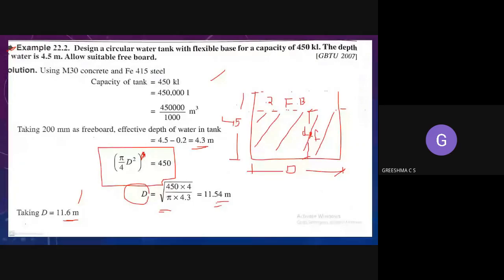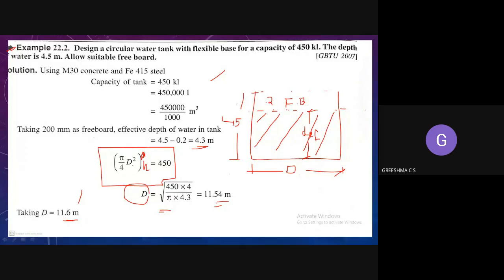Actually, this has one error. See, I'll tell you. Pi by 4 into d square is actually the area of the water tank. That area into h, the effective depth, you have to take. So h is 4.3, which is missing over here. That is equal to volume.